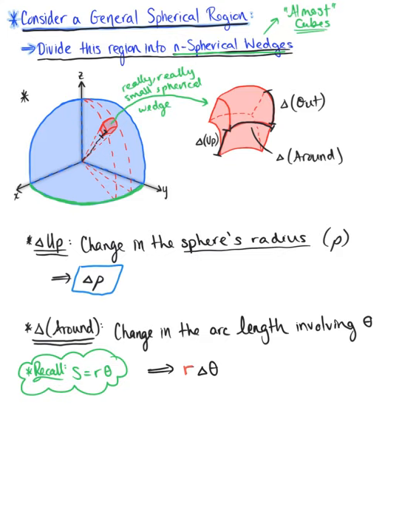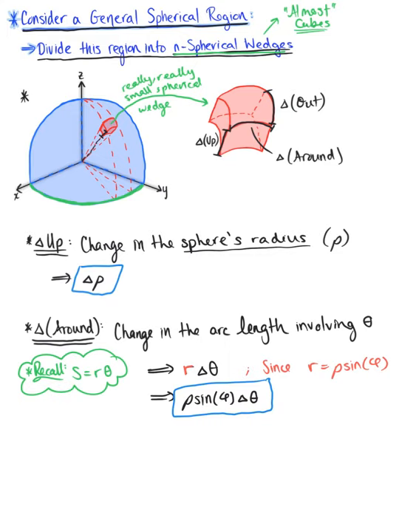So how can we change this? Well, let's keep in mind that since the radius r is defined by those spherical conversion formulas as rho sine of phi, we can rewrite this change in going around as rho sine of phi times the change in theta. So there it is. This is our second differential, or approximate differential, the change in going around.